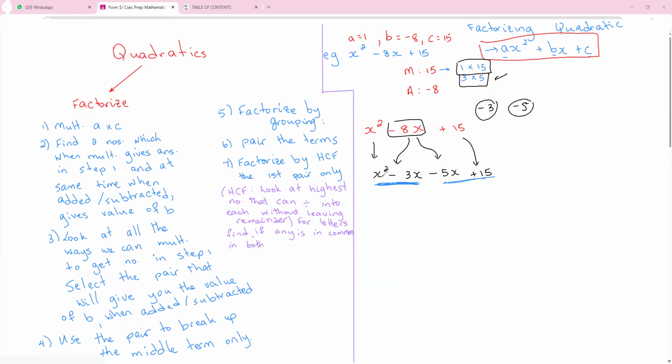Right, so see how I have X here and I have X here, they're in common. So take the one with the lower power. So if you see how we have differences in powers, you see this X here, it has no power. So we understand that it's one. So we take one, or I should say take the one with lower power.